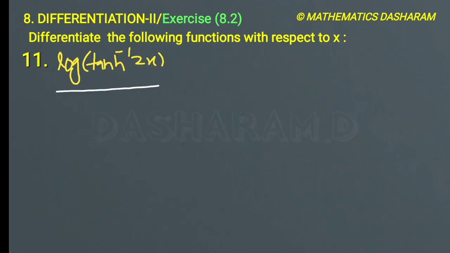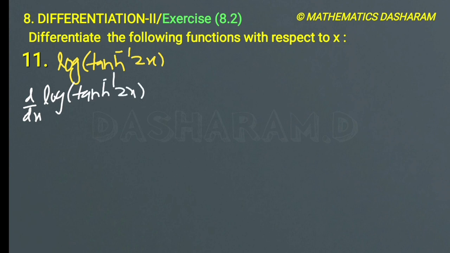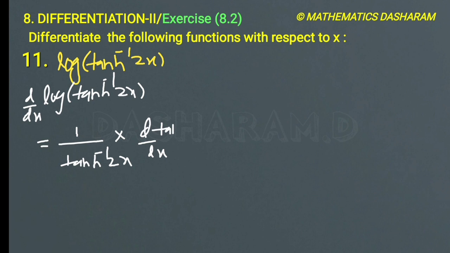11th question, log of tan h inverse 2x. So the derivative of log of tan h inverse 2x is, derivative of log x is 1 by x. So 1 by, here what is the x value? Tan h inverse 2x is the x value. Next, do the derivative of another function, that is tan h inverse 2x. So 1 by tan h inverse 2x into derivative of tan h inverse x formula, 1 by 1 minus x square.